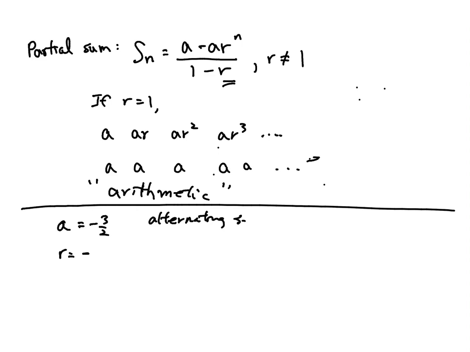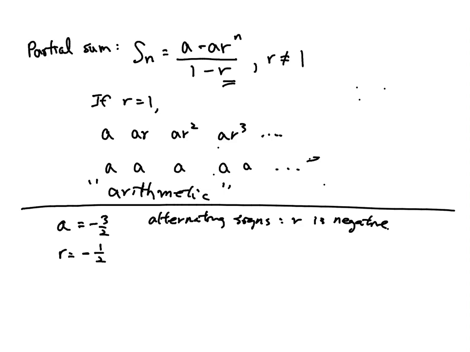Alternating signs means r is negative, so we know that for sure. Now, besides being negative, what is our r? Notice the numerator is always 3, but the denominator looks like it's multiplied by a factor of 2. So I believe that r in this case can be negative 1/2.